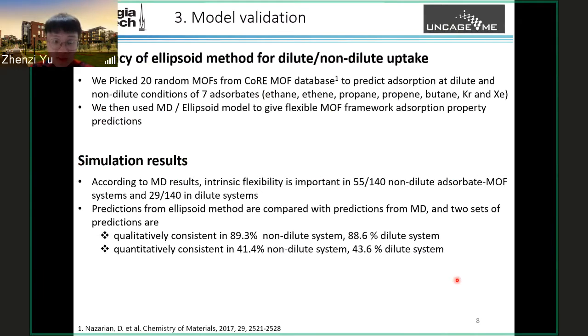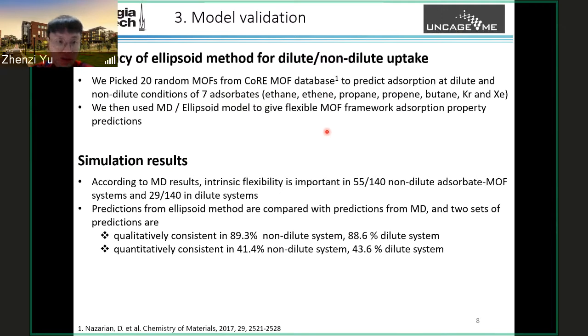So after we develop the model, we'll definitely first validate it. So from this slide, I will just introduce the model validation results. We picked around 20 random MOFs from the CoRE MOF database to predict adsorption in dilute and non-dilute conditions of 7 isobates. We then used the traditional MD method and our newly developed ellipsoid method to give flexible MOF framework adsorption property predictions.